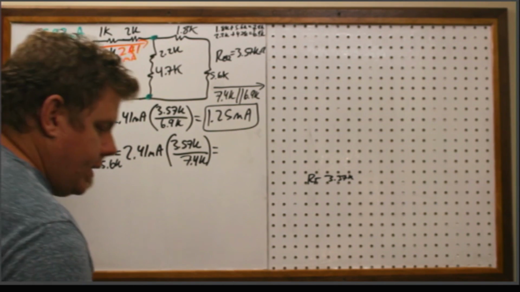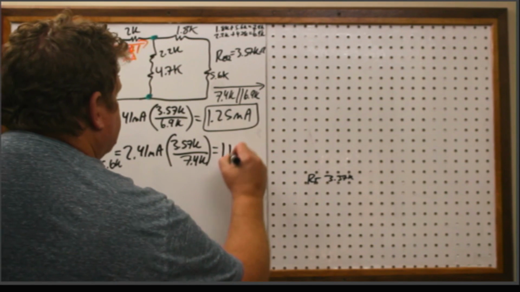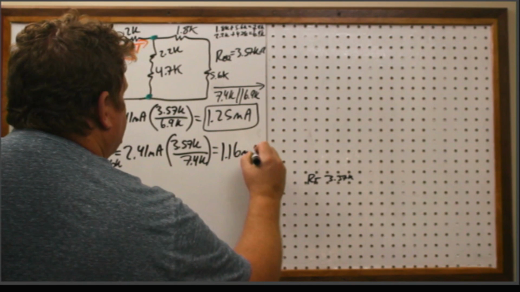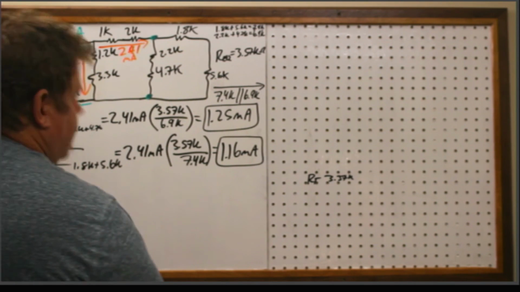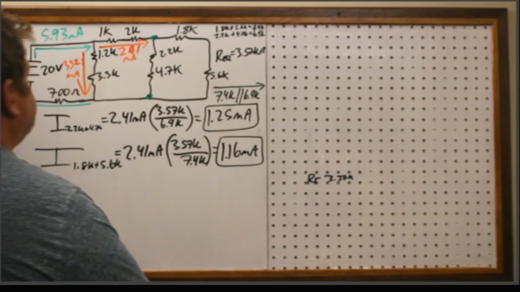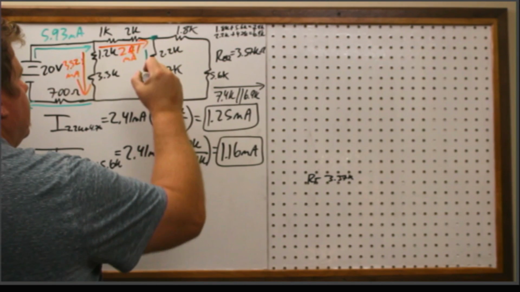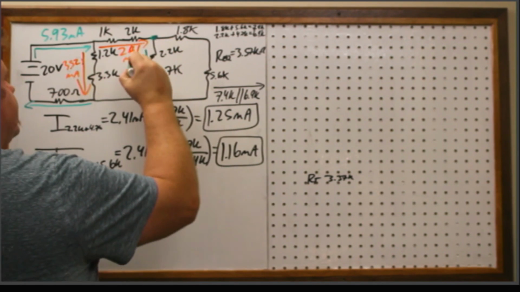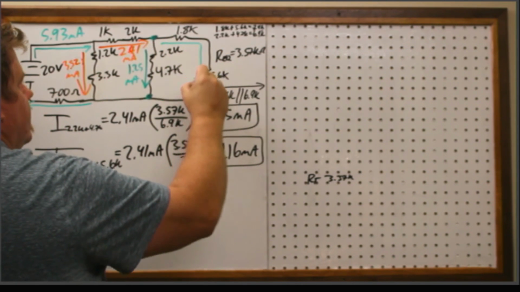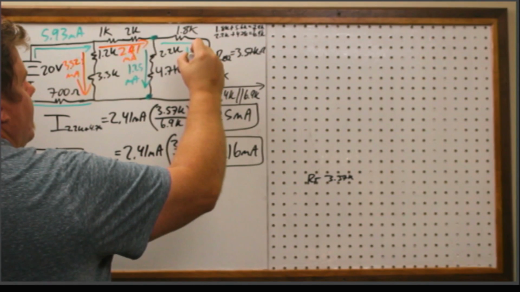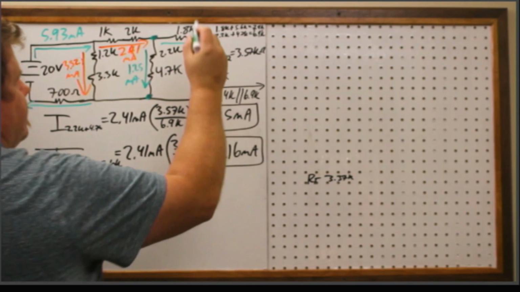So 1.16 milliamps. Okay, and that sounds reasonable to me. So through here, the 2.2, we had 1.25 milliamps. And over here, we had 1.16 milliamps. So there we go.